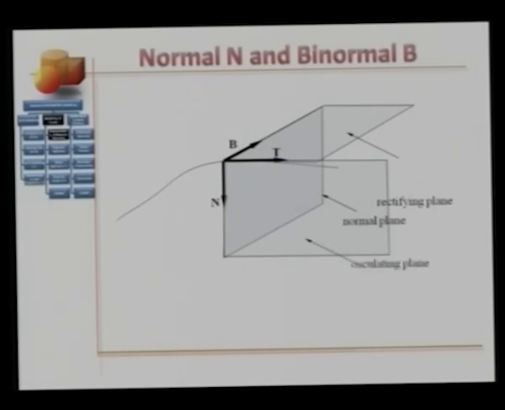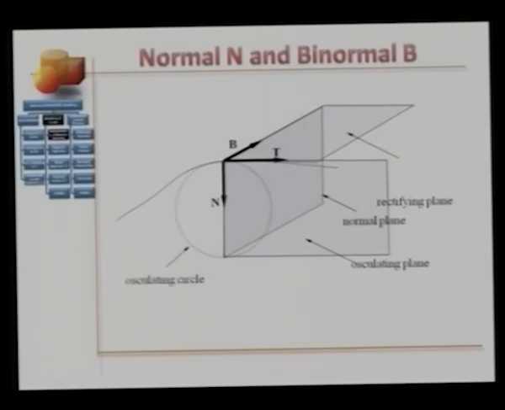If you consider 2 points very, very close to this point, as we know, a circle can pass through 3 points, we can construct a circle that passes through these points.